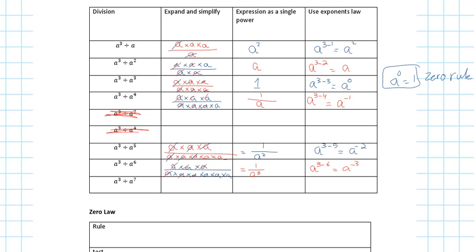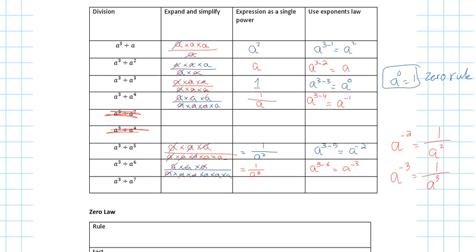Which means if I write a to the power of negative 2, it's the same thing as 1 over a to the power of 2. If I write a to the power of negative 3, it's the same thing as 1 over a to the power of 3. They're the same. One with a negative exponent, one with a positive exponent.